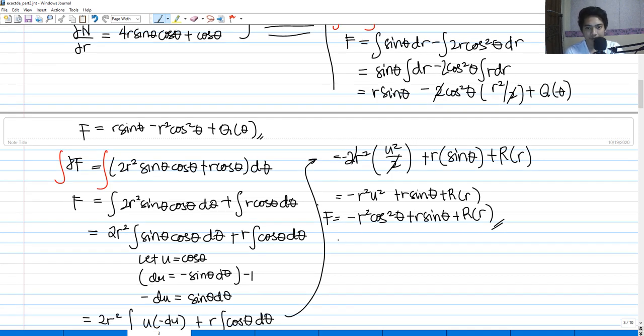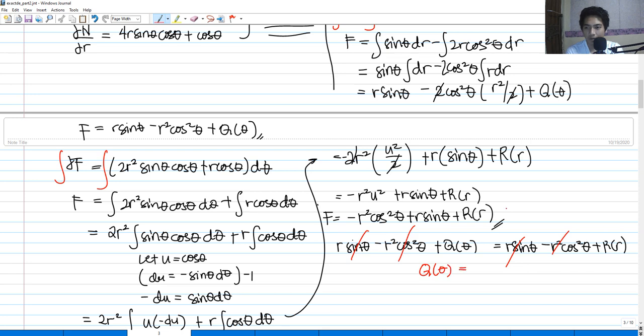First we have r sine theta minus r squared cosine squared theta plus q of theta equals r sine theta minus r squared cosine squared theta plus R of r. As you can see, r sine theta cancels. So q of theta, since on the right side there is no term containing purely theta, this would become 0.